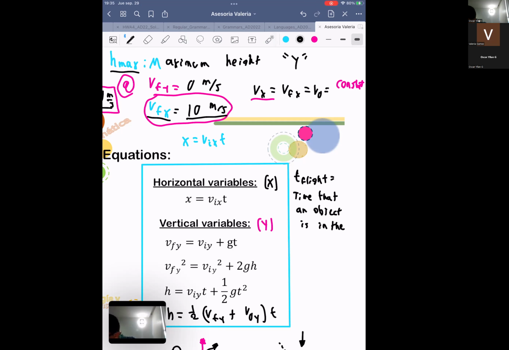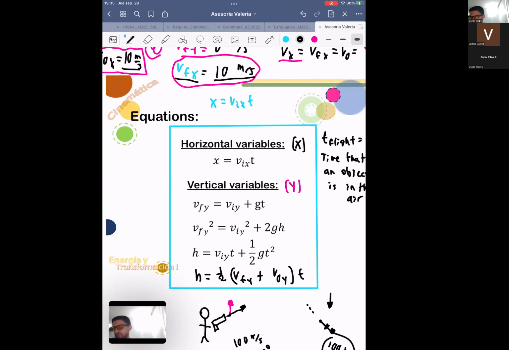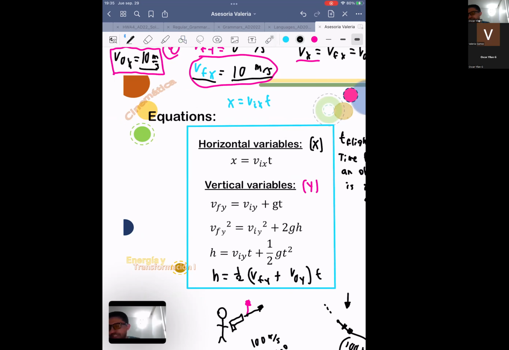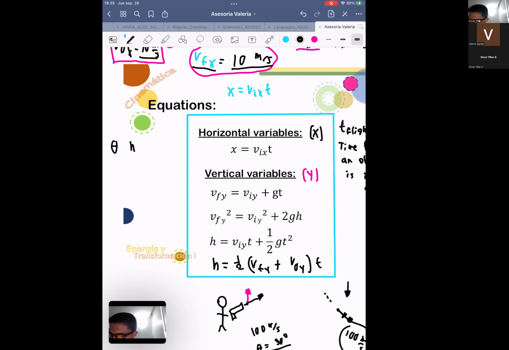This one is really important because it affects the complete movement. Something also from theory: which angle do you think is going to give you the maximum possible height? Which one is going to give you the best maximum height?